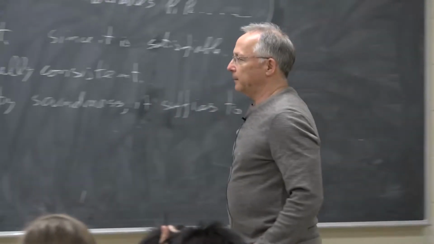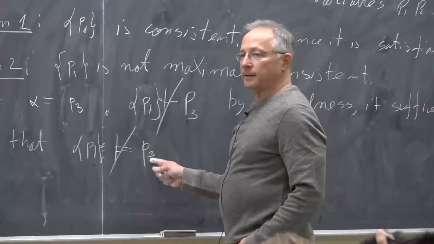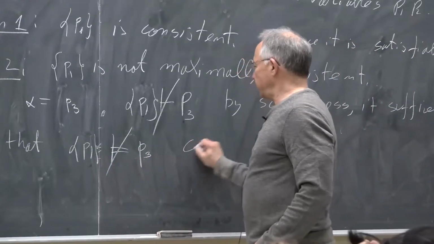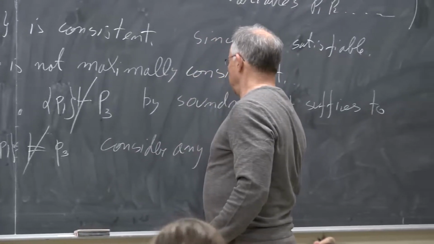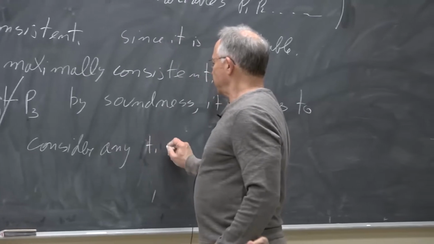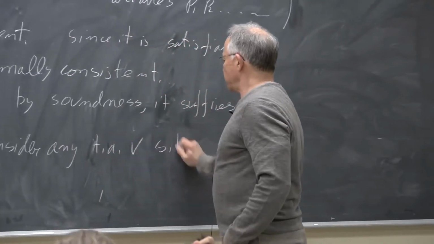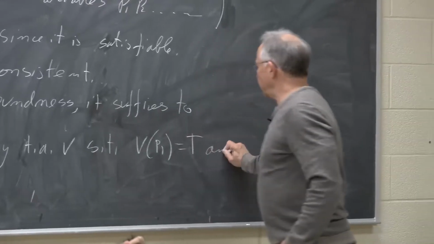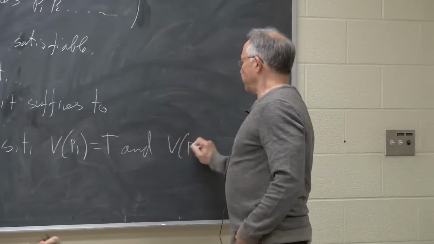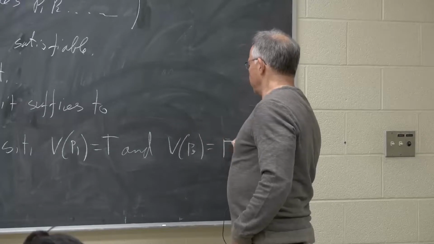So how do I show this? Just consider any truth assignment V such that V of P1 is true and V of P3 is false.